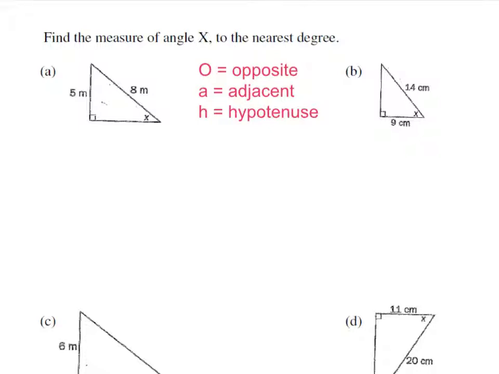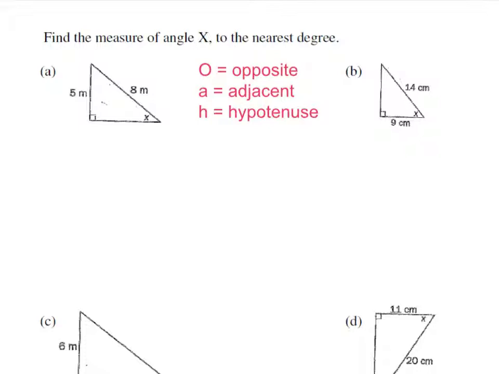So remember SOHCAHTOA. Okay, so we have opposite and hypotenuse, that's sine. So sine x equals O over H. Sine x equals 5 over 8.